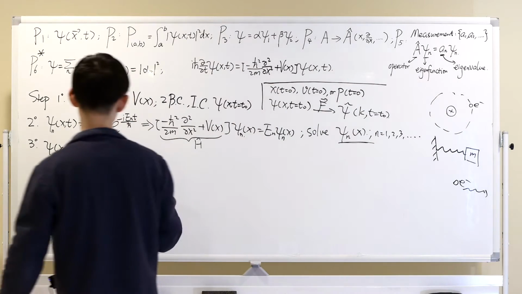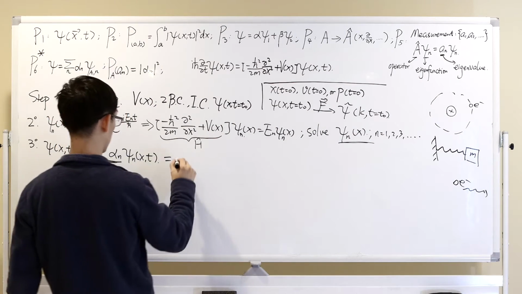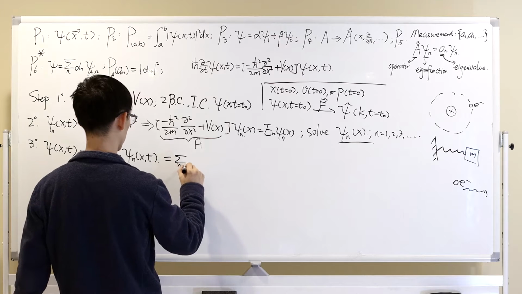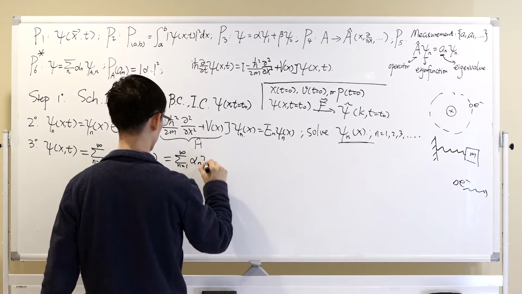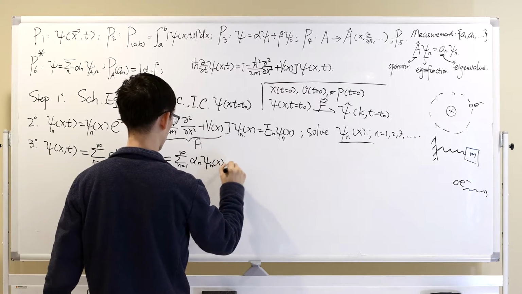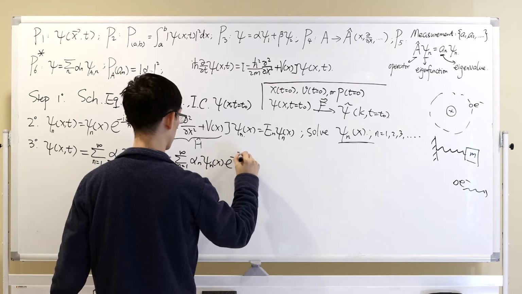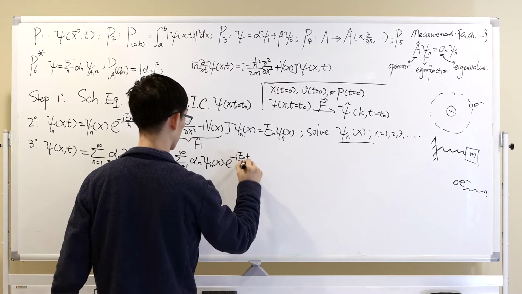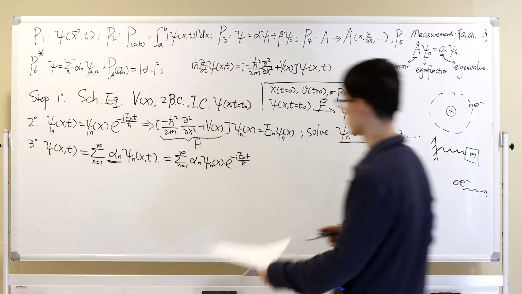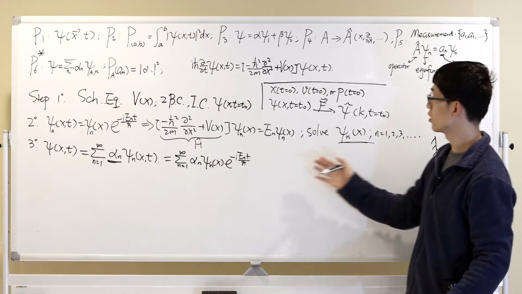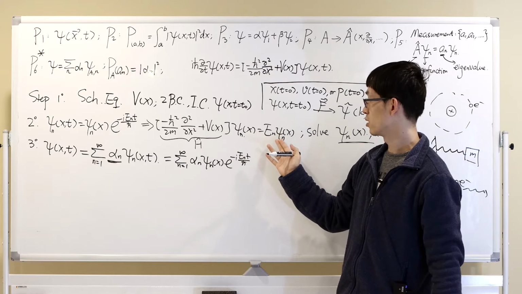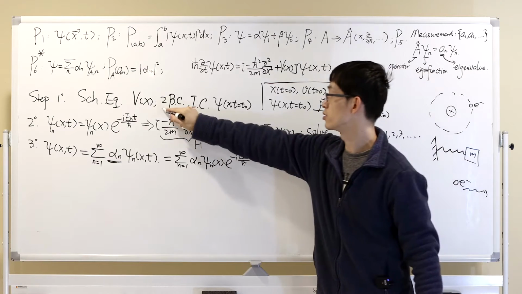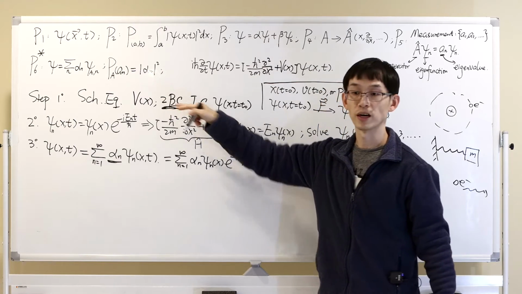You can keep writing it down, keep expanding this, alpha n psi n(x). When you solve psi n, when you solve this differential equation, you will need to use your boundary conditions.